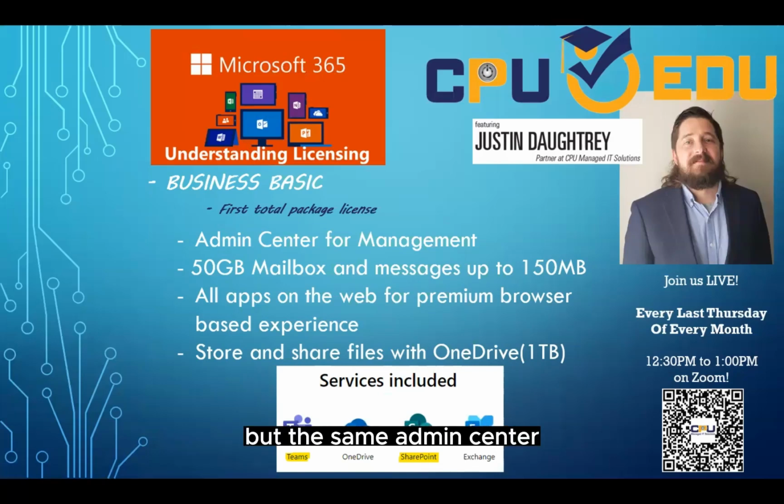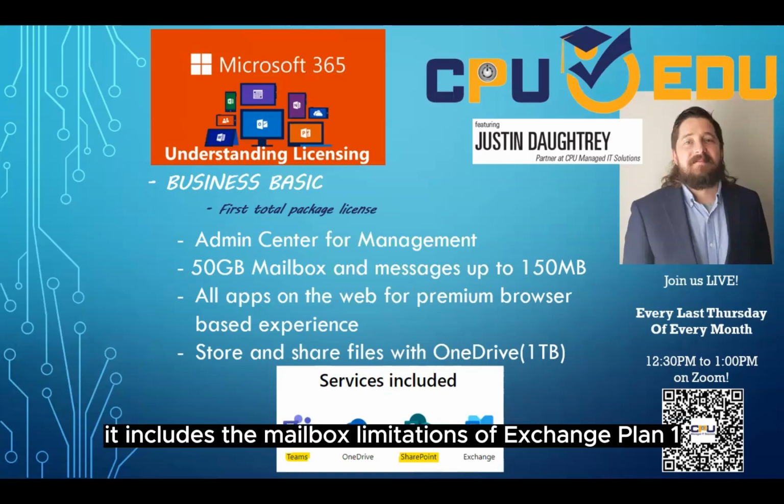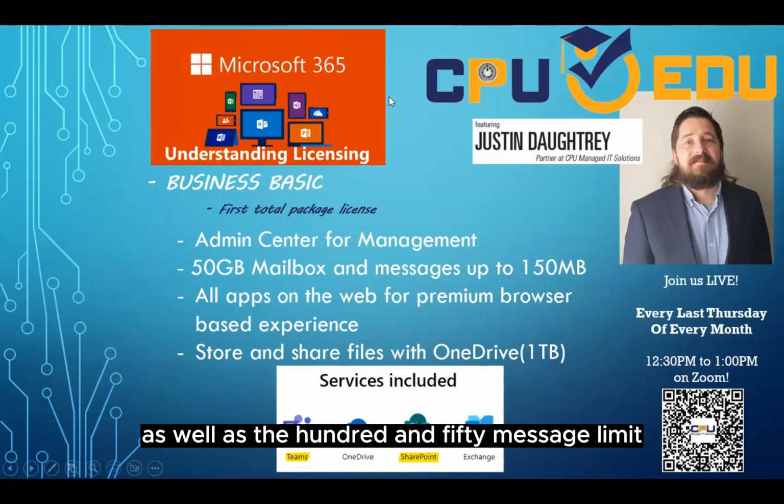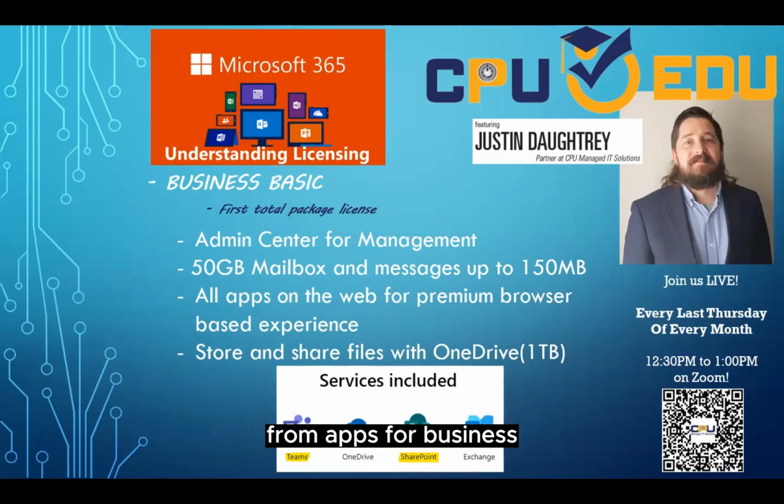But the same admin center, which is very important to have, is included. It includes the mailbox limitations of Exchange Plan 1, so the 50 gig mailbox, as well as the 150 message limit. It also includes the 1 terabyte OneDrive storage that we mentioned earlier from Apps for Business.